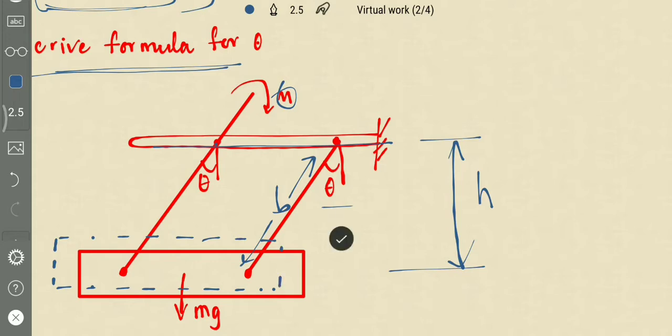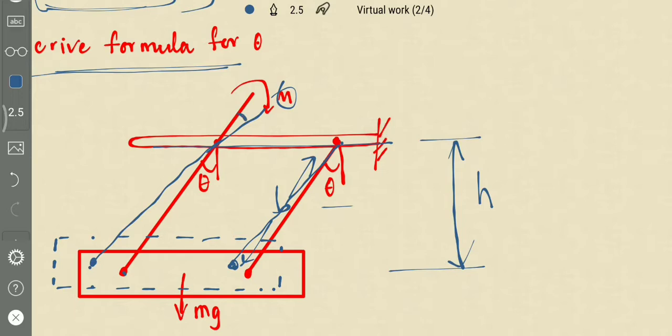By applying this moment, this block moves somewhat upwards, this point changes to here, and if I draw the link, it becomes like this, and here it will be like this.